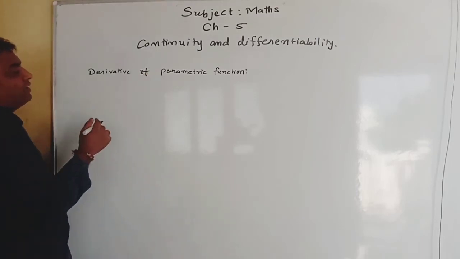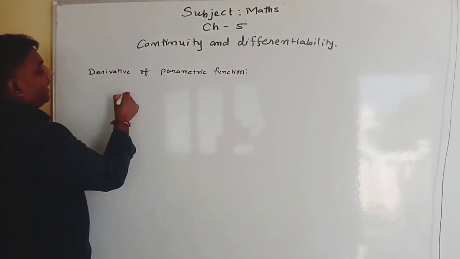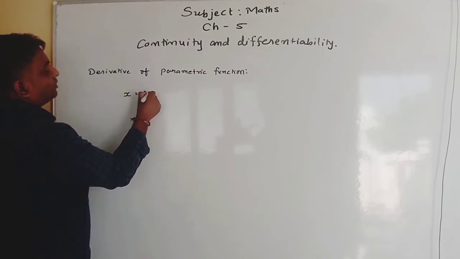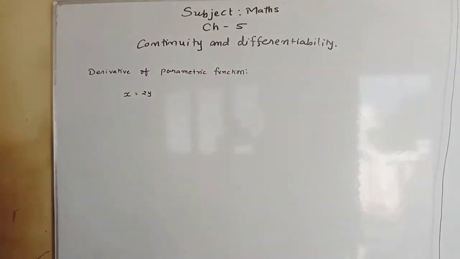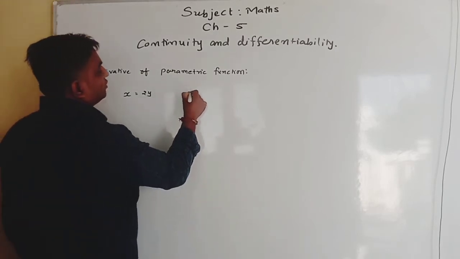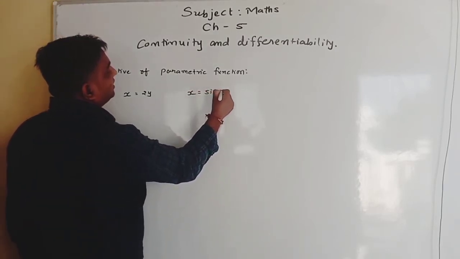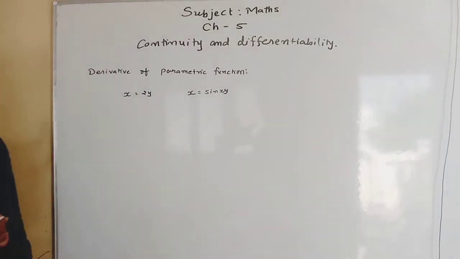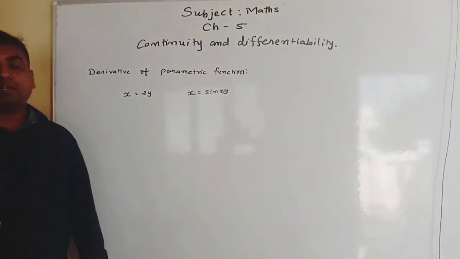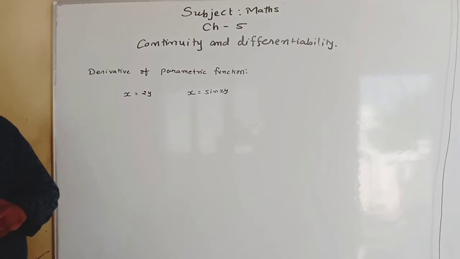Sometimes we have a relation like x equals 2y, which we call an explicit function, and x equals sin xy, in which y cannot be isolated, so it is called an implicit function.